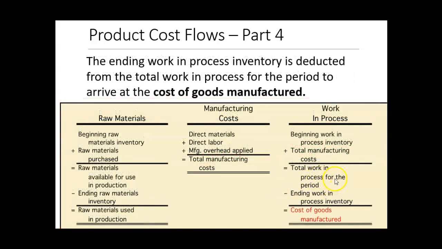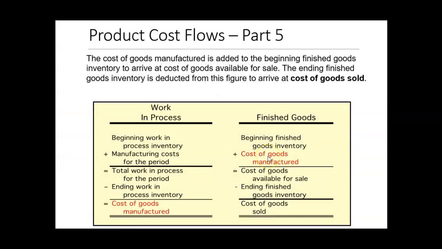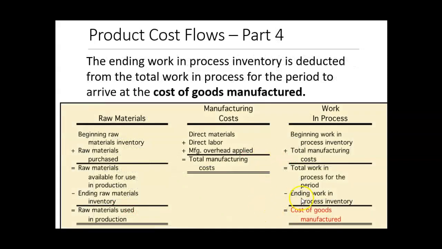Okay? From there, we'll subtract out the ending work in process. We're saying, how much do we have in work in process at the end of the accounting period? If you subtract what's remaining from the total that was in the account, the difference gives you your cost of goods manufactured.